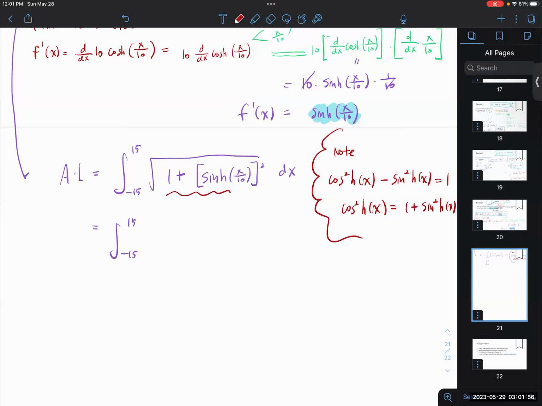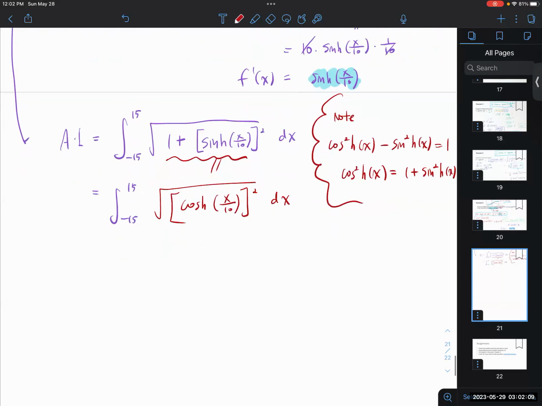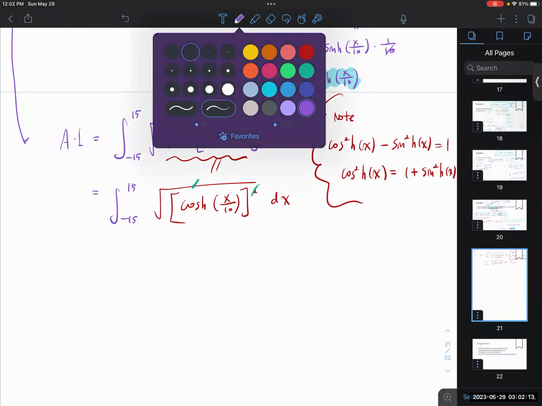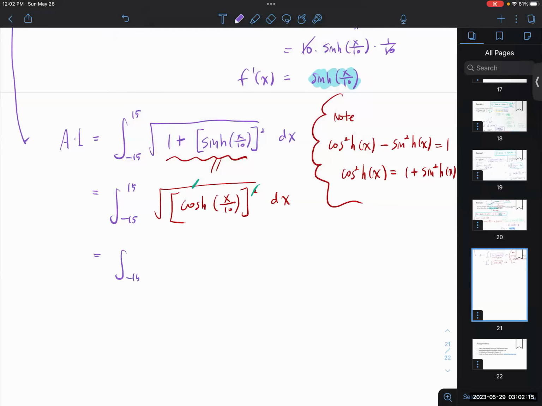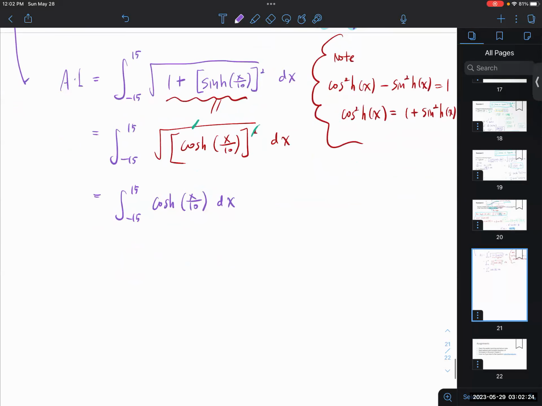So therefore, this is going to be equal to the radical cosh x over 10 second power. Am I correct? Because of that identity. And then what happened? Radical second power will be canceled. Negative 15, positive 15. So we have a cosh x over 10 dx.